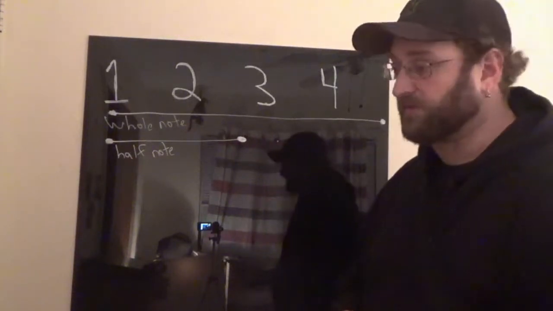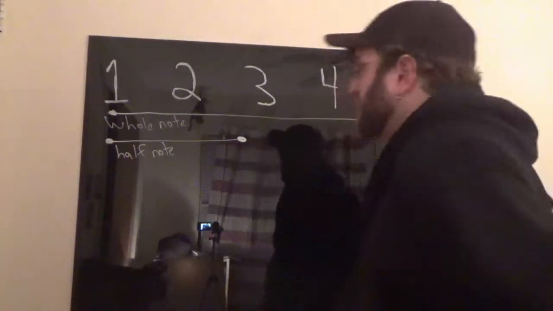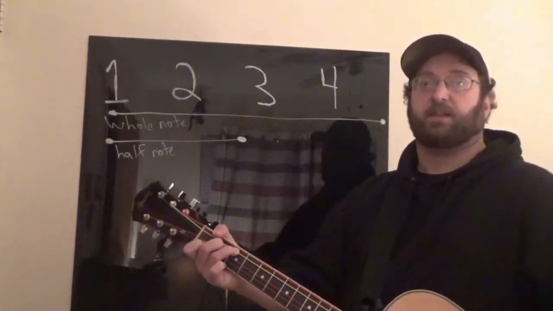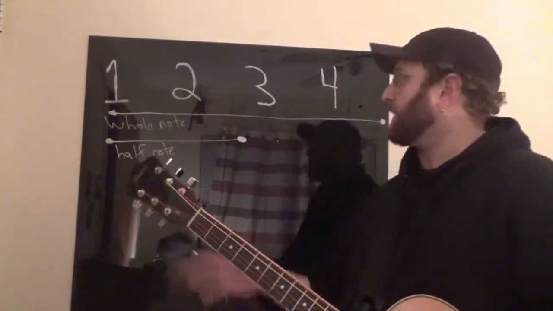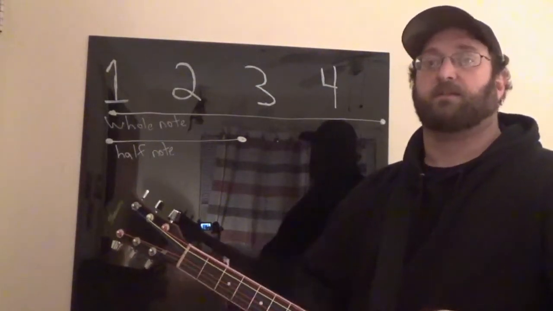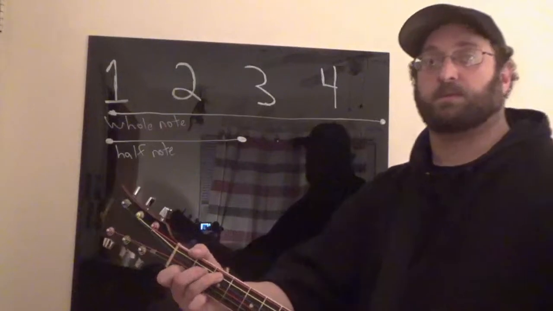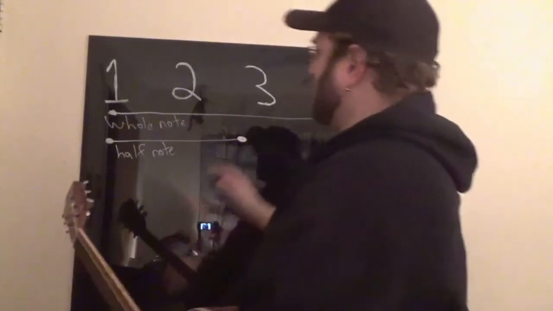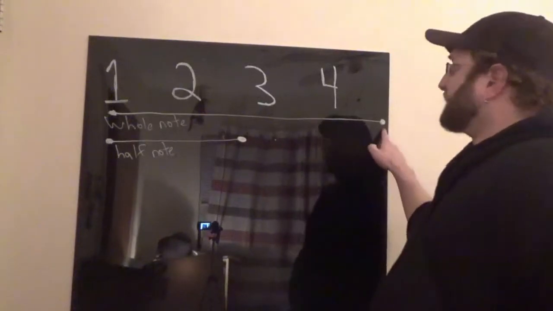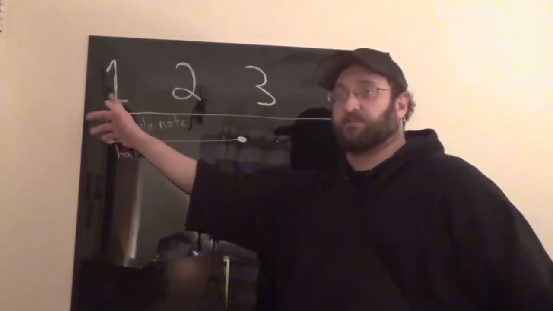Very simple to understand, right? 4 to 2. So our whole note we have 1, 2, 3, 4, and our half note we have 1, 2, 3, 4. So notice I'm stopping right as soon as I get to 3, right before we get to 4.